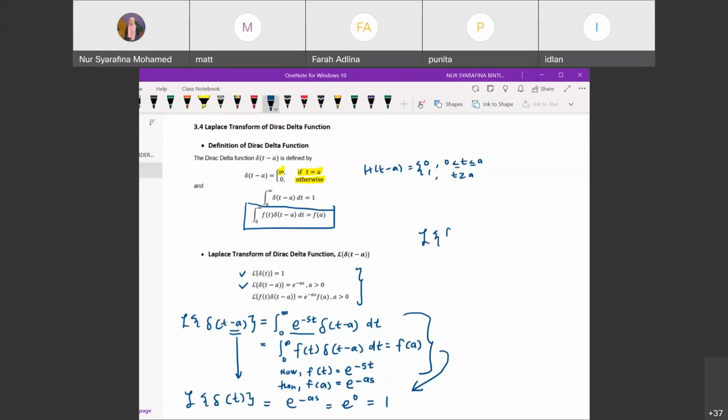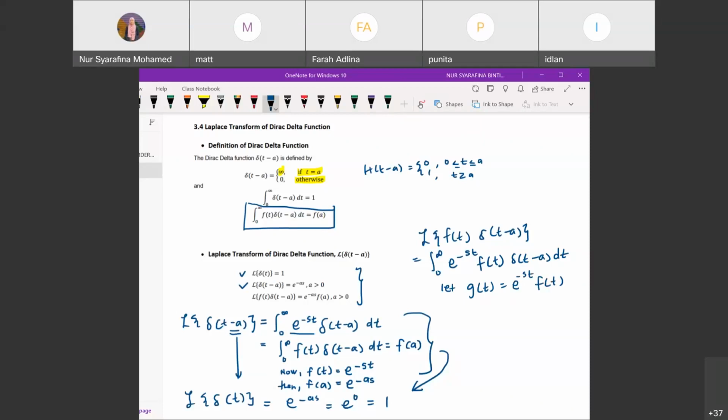And then another one, transforming f(t) δ(t minus a). We integrate e to the negative st f(t) δ(t minus a). Let's say let our g(t) equal e to the negative st f(t).